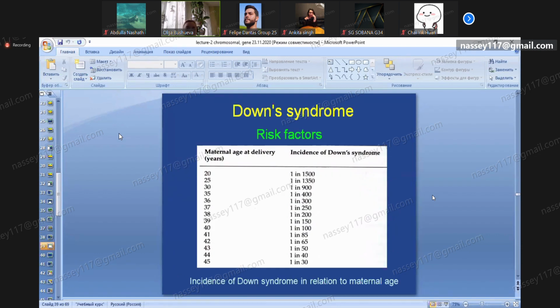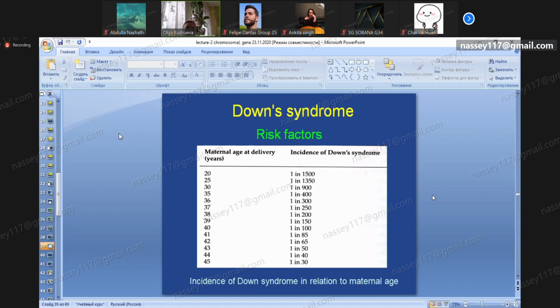On this slide, you can see the incidence of Down syndrome in relation to maternal age. We know that maternal age may influence the risk of chromosomal disease, including Down syndrome. Here you can see that at maternal age 20 to 25, the risk will be 1 in 1,500, 1 in 1,350, and 1 in 900 at age 30.